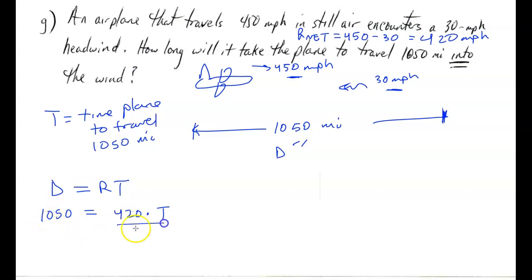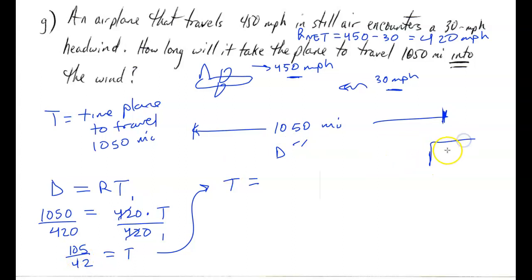So here we divide both sides by 420. See, that reduces to 1, and we just get t. We know that this fraction will reduce to 105 divided by 42. If I was to actually divide 105 by 42, I'll go ahead and do it here on the side.